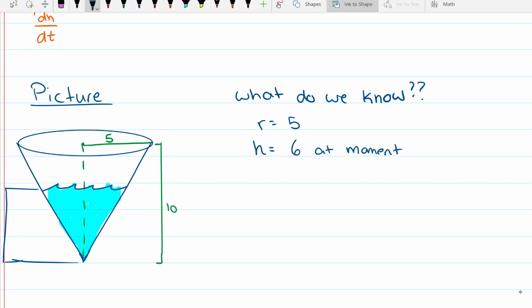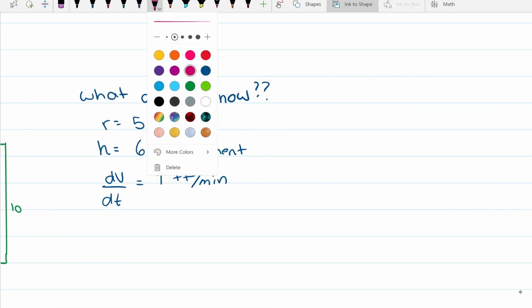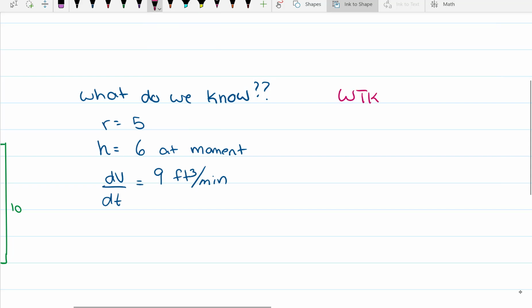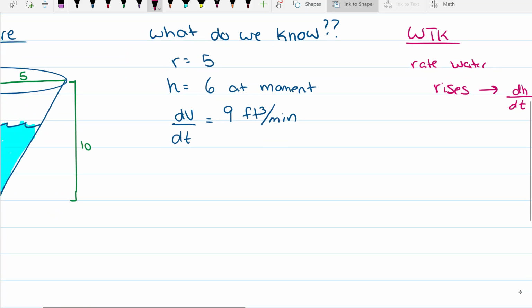And then we also know that dV/dt, the rate at which the volume changes, is 9 cubic feet per minute. And then the question is, what do we want to know? What we want to know is the rate that the water rises, which is going to be dh/dt. It's the rate that the height is changing.